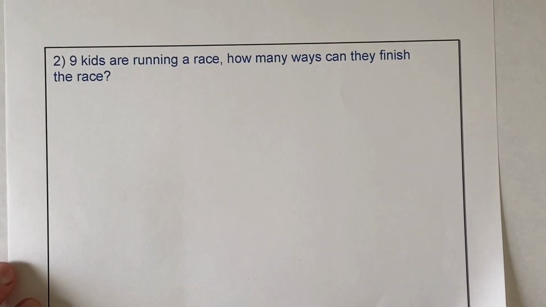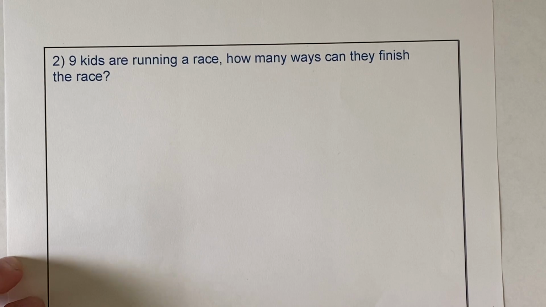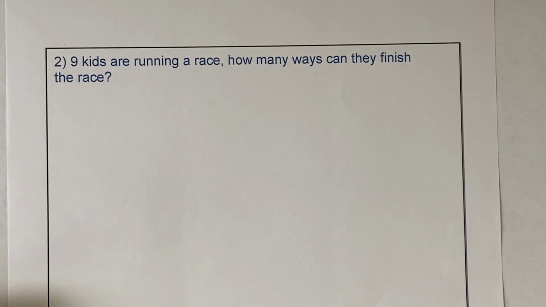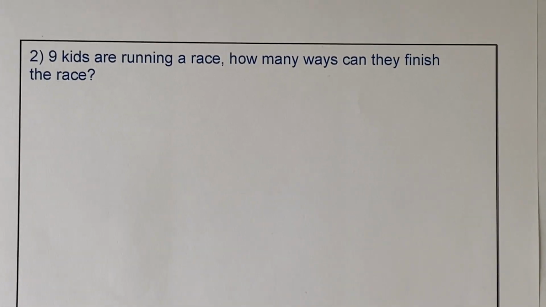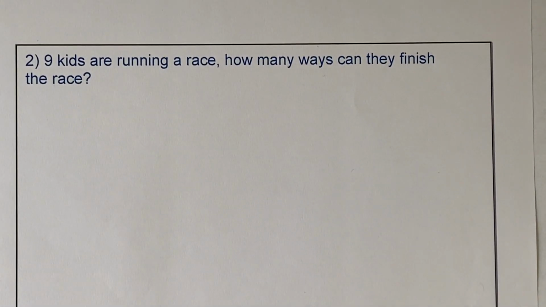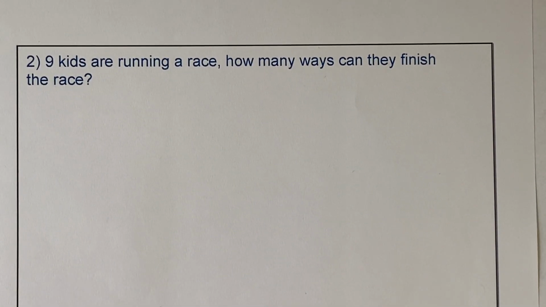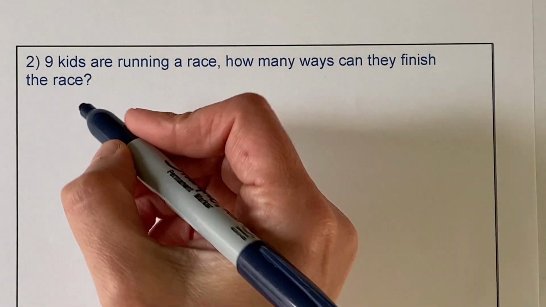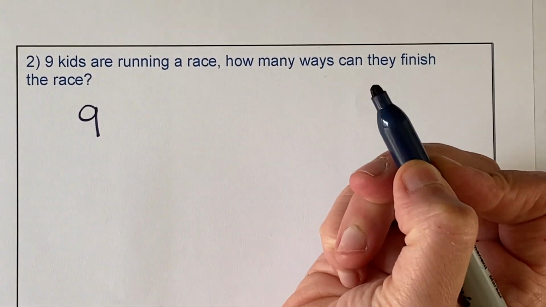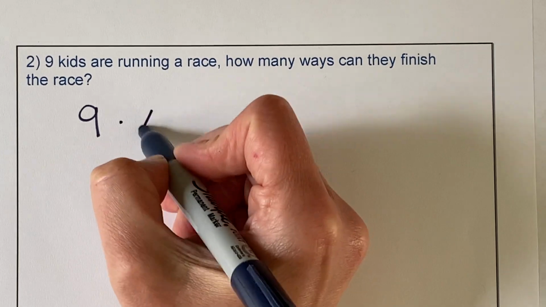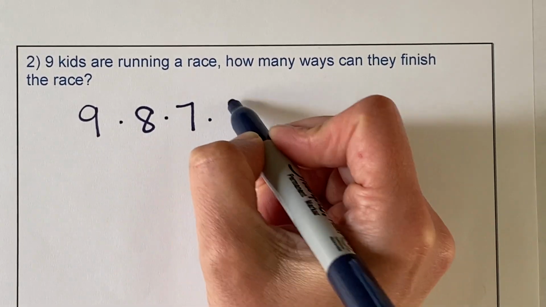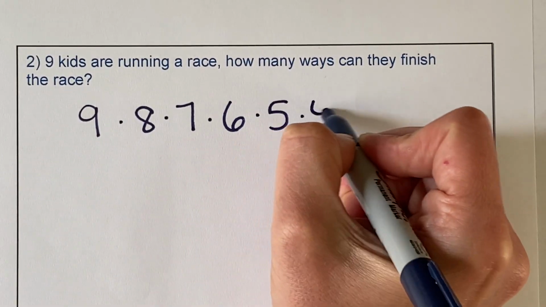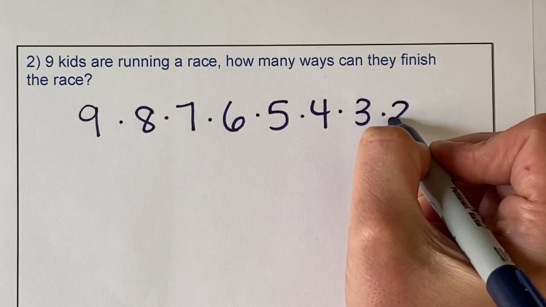Okay, 9 kids are running a race. How many ways can they finish? This is me being nice. I care about all 9 kids. Okay, so this is going to be a factorial because I care. Somebody comes in first, comes in second, comes in third, right?